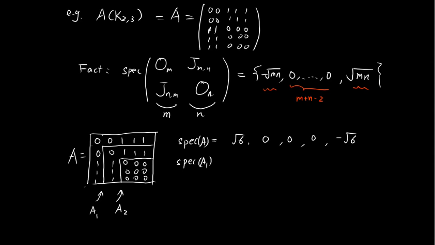So the eigenvalues are square root of 3, plus or minus of that, and 0, 0. And the last one is all zeros, and I believe we all know the spectrum of that is equal to all zeros. So as you can see, it does have the interlacing property that the first eigenvalue of A1 is in between minus root 6 and 0. And the other thing is the same.